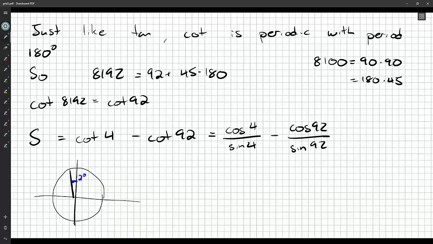And so the sine value and the cosine value would be the same as the sine value of 2 and the cosine value of just plain old 2, right?